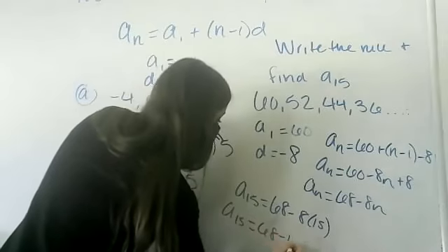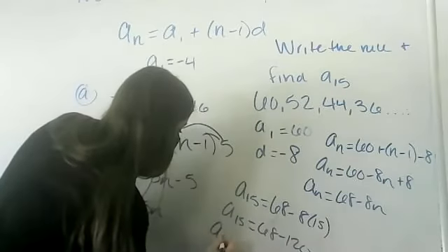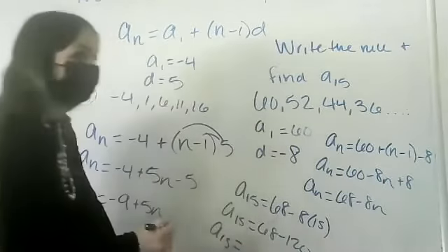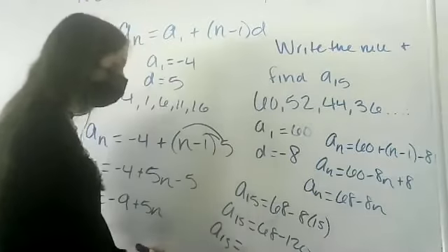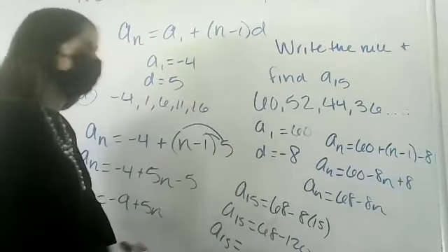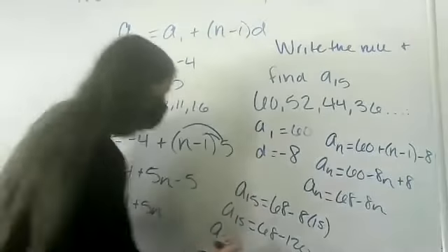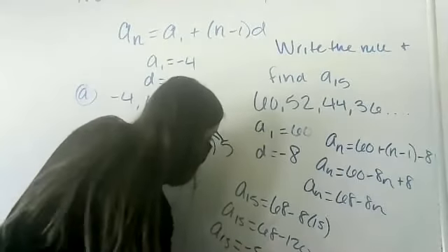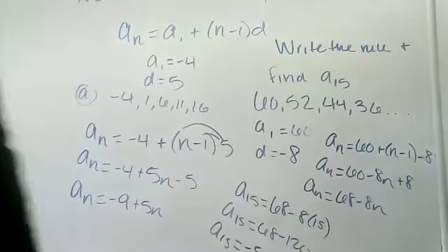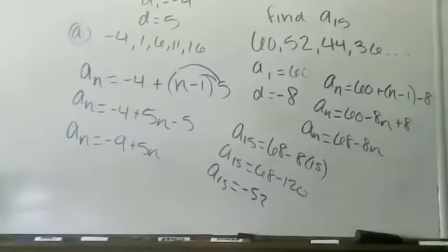So 68 minus 120. You gotta count all the way down to negative. If this was like 200, then you would not rather do that. So negative 52 would have been your 15th term.